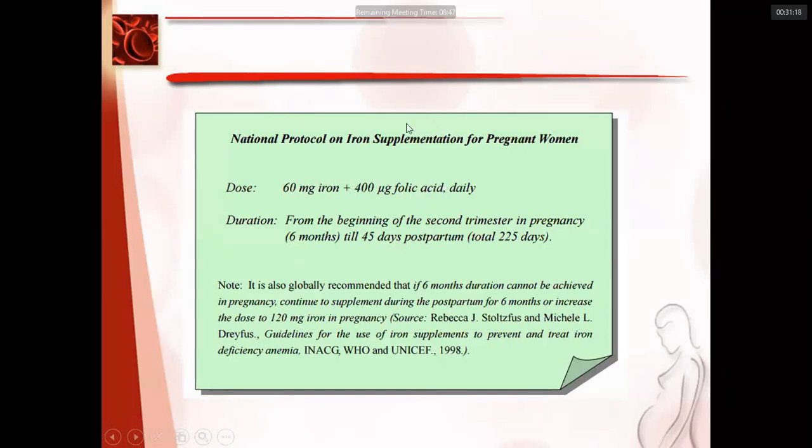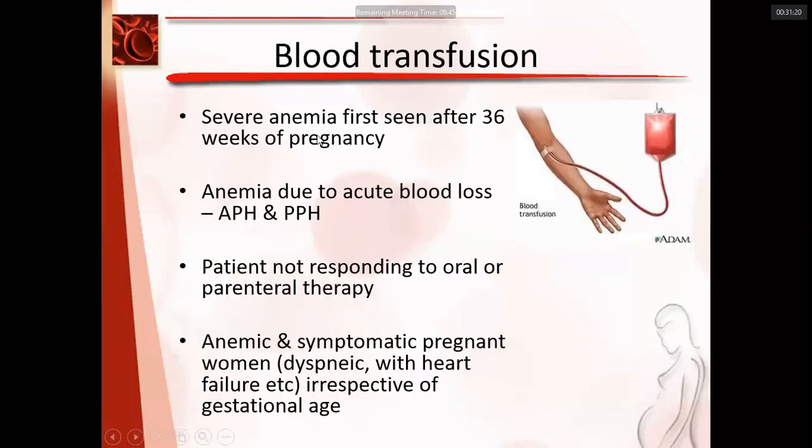So blood transfusion is reserved for severe cases if it is detected for the first time after 36 weeks, or there is blood loss due to acute causes like antepartum hemorrhage and postpartum hemorrhage, or the patient is not responding to oral or parenteral iron therapy, or even if the patient is severely anemic and symptomatic, with dyspnea, heart failure, irrespective of the gestational age, we may have to transfuse blood.